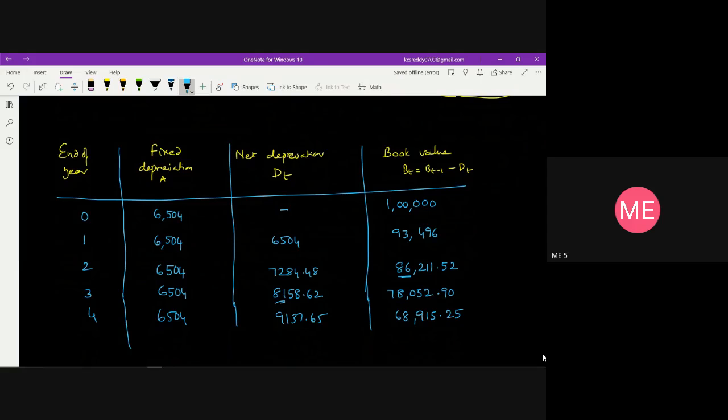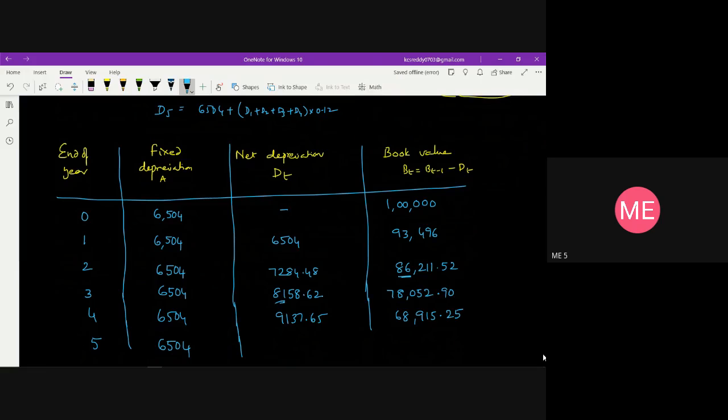So at the end of fifth year, we need to calculate D5. D5 is equal to 6504 plus D1 plus D2 plus D3 plus D4 into 0.12.